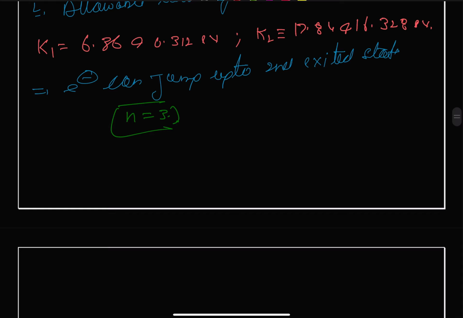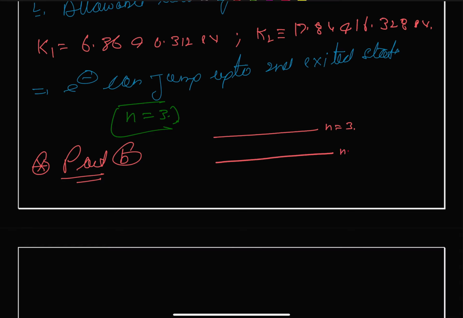So for part B, our electron is de-excited and value of n is equal to 3. So this is our value of n for 3, value of n is equal to 2, and we have value of n is equal to 1.